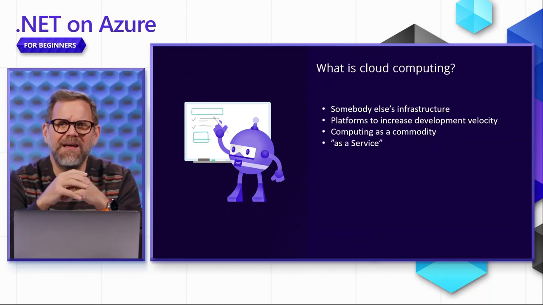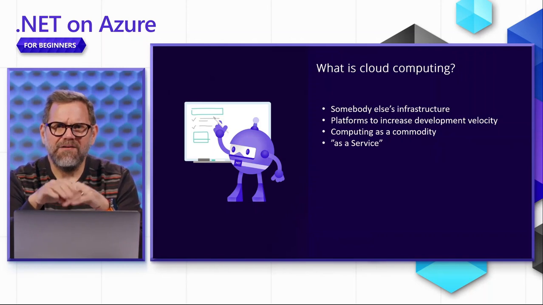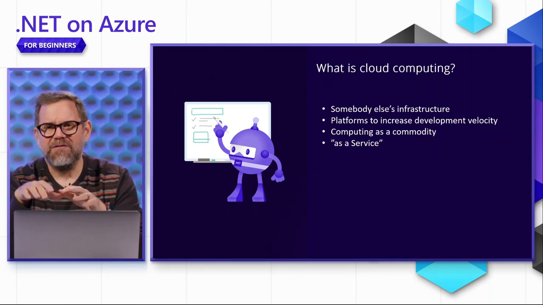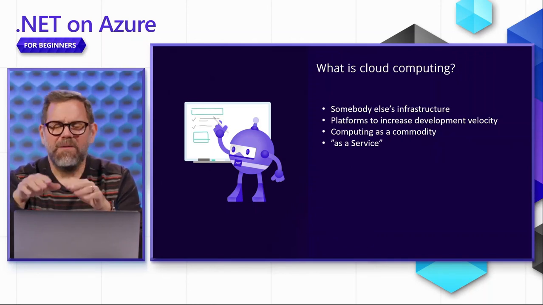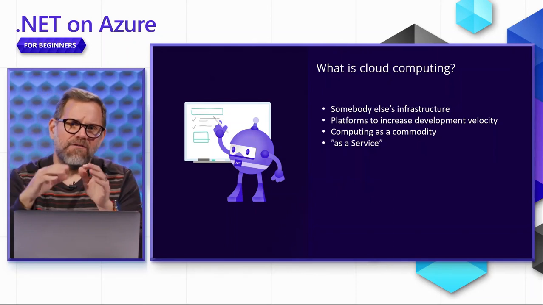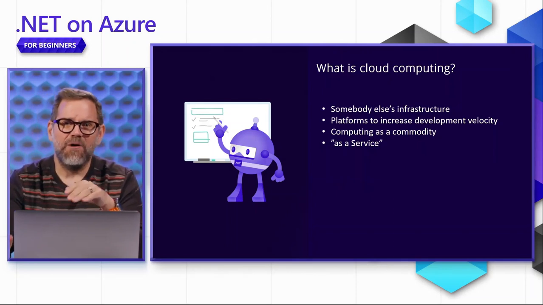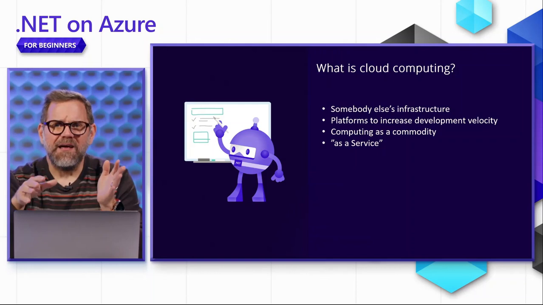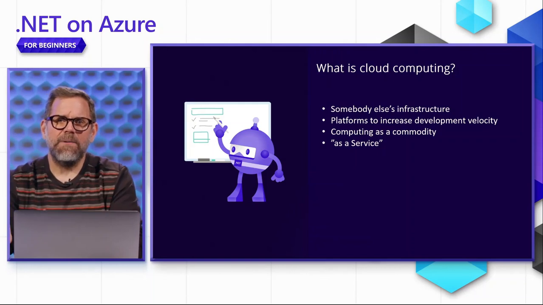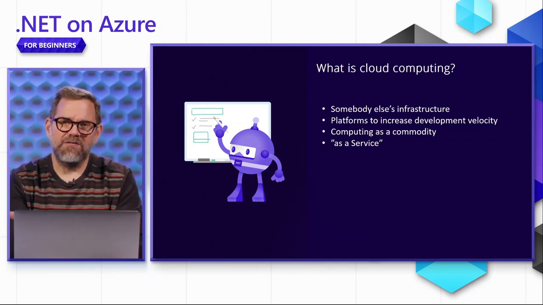So you're going to hear things when people talk about computing as a service. IaaS, infrastructure as a service. PaaS, platform as a service. Even FaaS, functions as a service, or SaaS, software as a service. All these things are as a service. So cloud computing delivers that to you as a service.